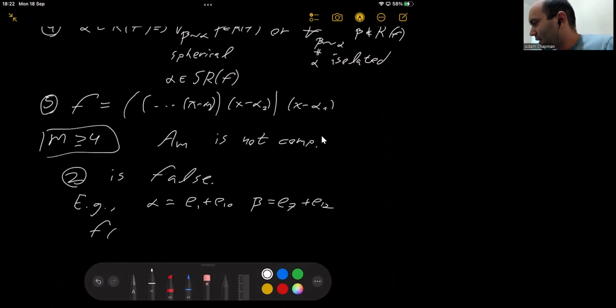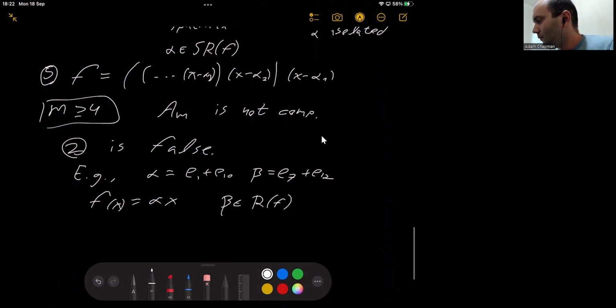So let's just look at f equal to alpha x. So clearly beta is a root of f, because if we plug in beta, you get 0. But what is the companion polynomial of f? You multiply alpha x by alpha bar x. x is central, so you just get alpha times alpha bar, but alpha times alpha bar is 2.